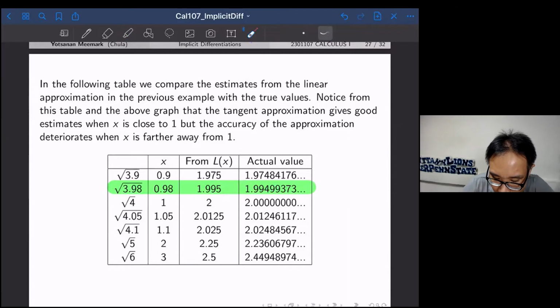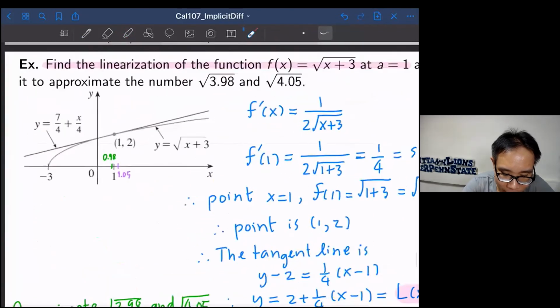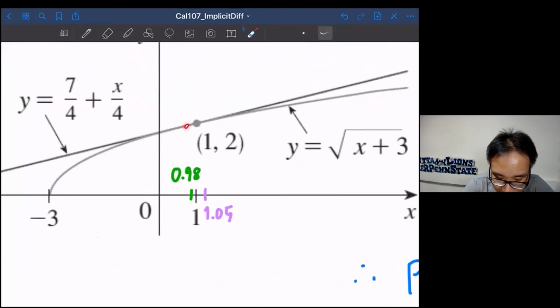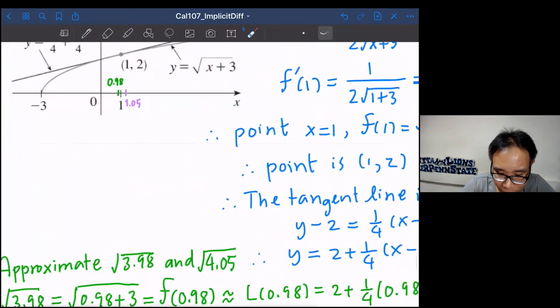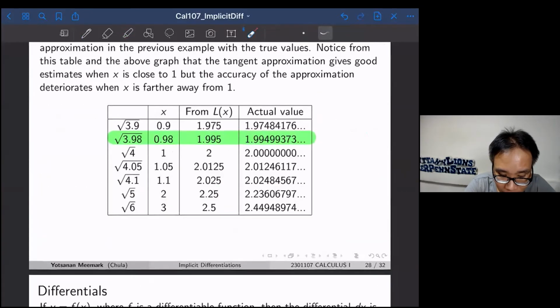The actual value turned out to be 1.9949. So you will not be able to see the difference on the graph at all. It's almost exactly the same. Okay, so this one will give you a good approximation. Very, very good actually. If you like to have 3 digits, it's correct up to 3 decimal digits.